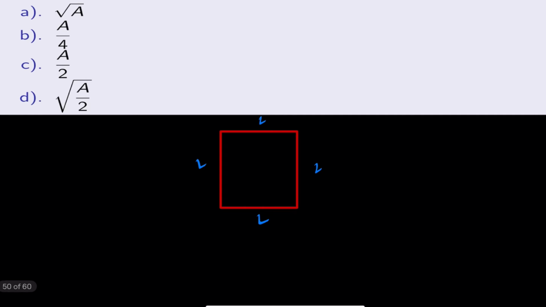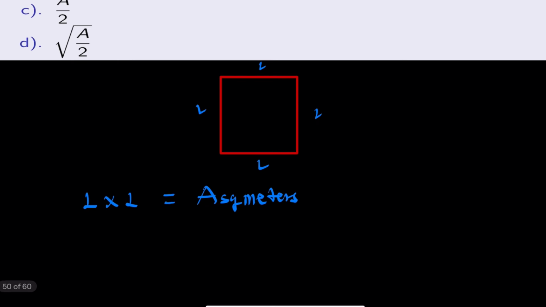Since it's the area of a square, we are going to have length times length is equal to a squared meters. Now L times L will be L squared, then a squared meters.